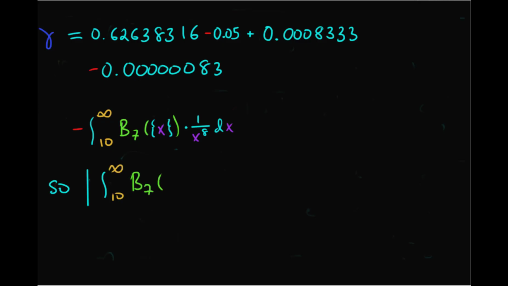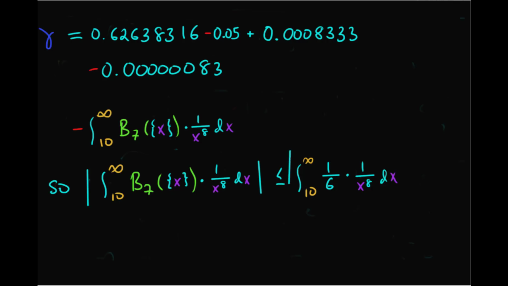And so because I know that the absolute value of the 7th periodic Bernoulli polynomial is bounded, it's less than or equal to 1/6, I know then that the integral expression, integral from 10 to infinity of the 7th periodic Bernoulli polynomial times 1 over x to the 8th dx, I know that that integral, its absolute value, its magnitude, must be less than or equal to the integral from 10 to infinity of 1/6 times 1 over x to the 8th dx.